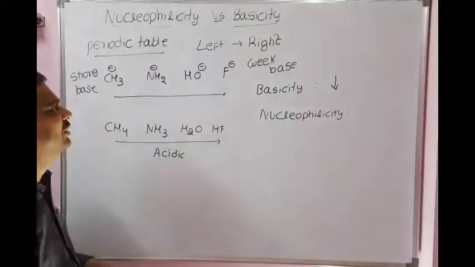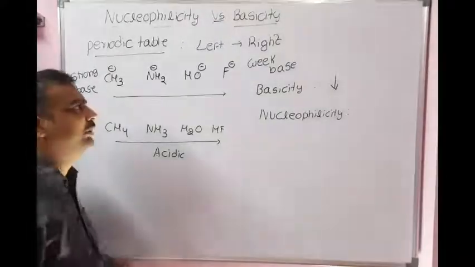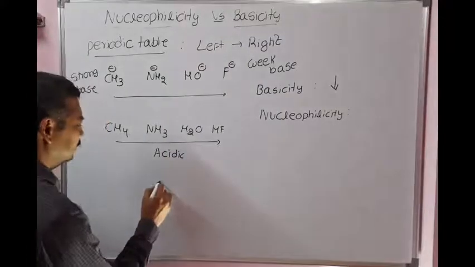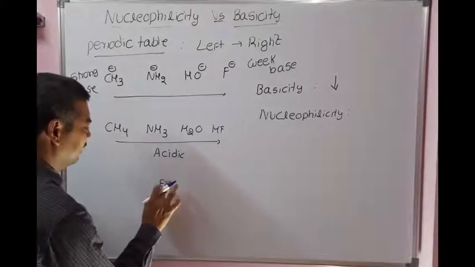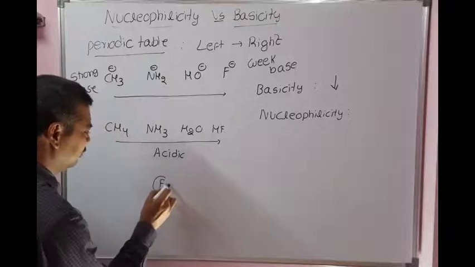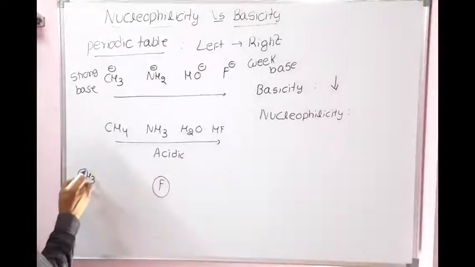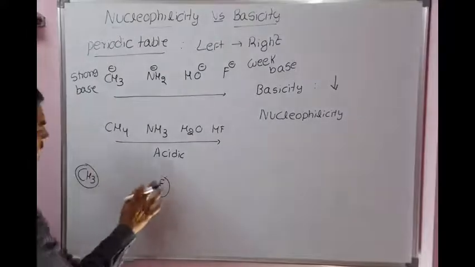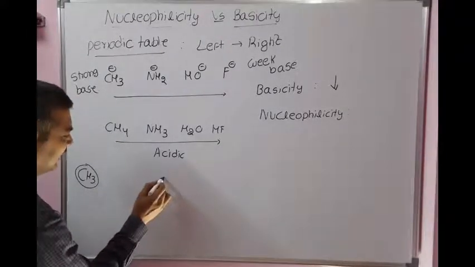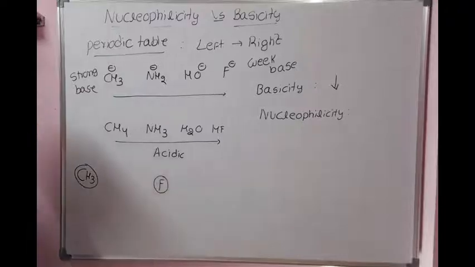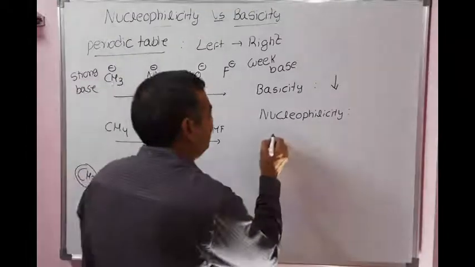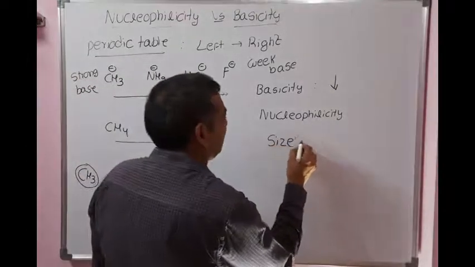The reason we can also explain on the basis of electronegativity. You see F minus and CH3 minus. The size of F minus is a little less when compared to CH3 minus. From left to right, size decreases, but only negligibly.